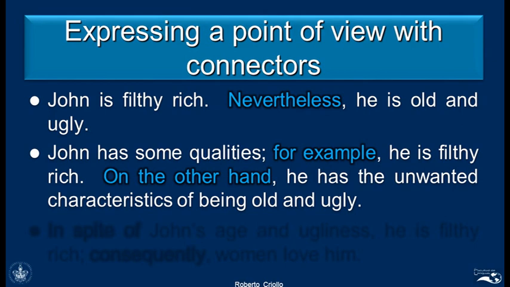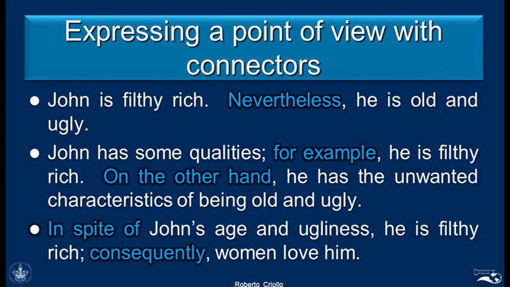I can say, John has some qualities. For example, he is filthy rich. On the other hand, he has the unwanted characteristics of being old and ugly. And then again, I am going beyond this simple information. I am expressing a point of view and I am developing my ideas.